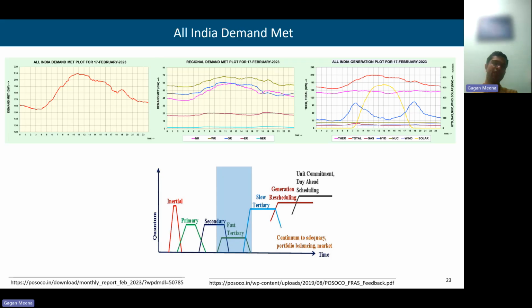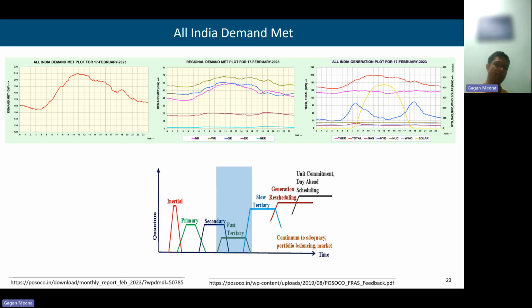In inertia, it works on four levels. The first one is the inertial response, or virtual inertia analysis, which is inherent in each of the generators because it's a rotating mass.